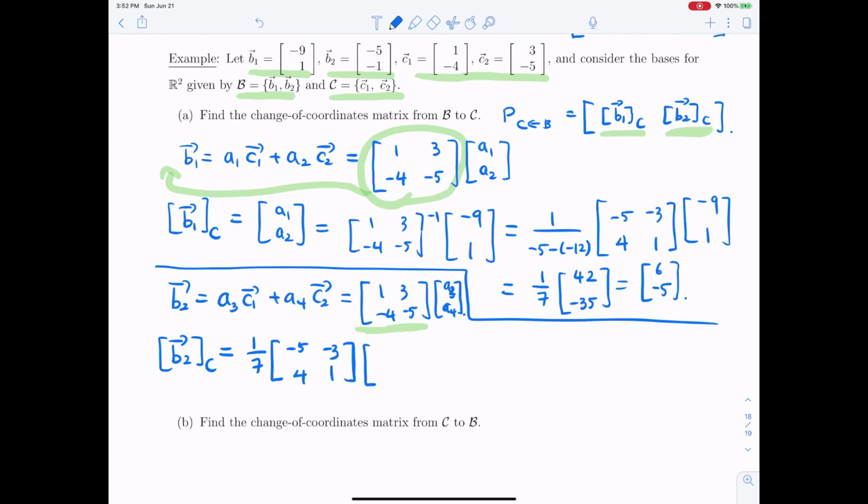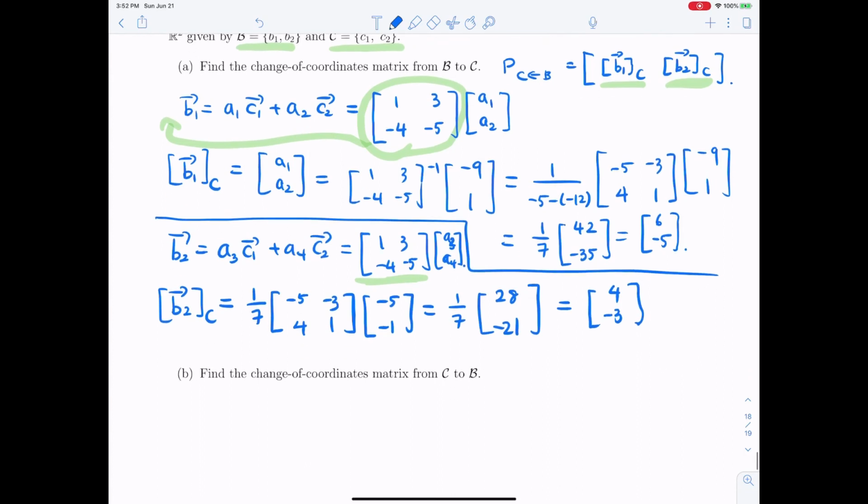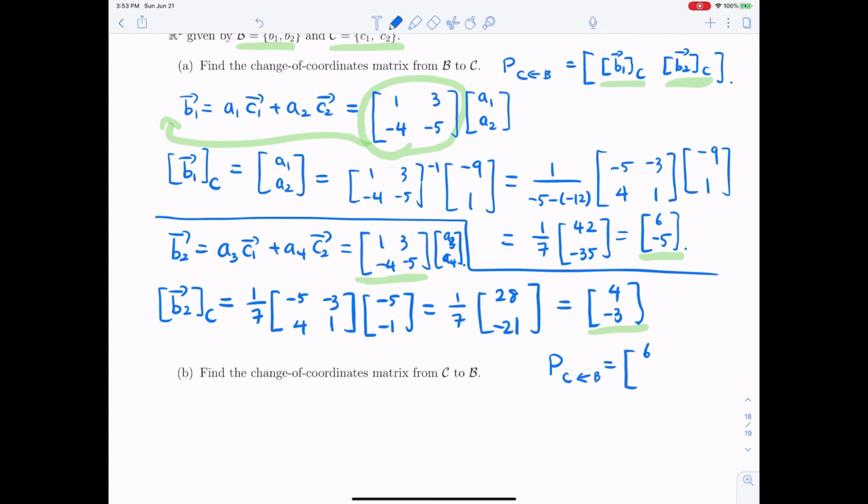And you multiply this by the vector B2, which is given by (-5, -1). And this equals 1/7 times (28, -21). And this equals (4, -3). So if you form a matrix using these two as the column vectors, then we get the change of coordinate matrix from B to C equals [6, 4; -5, -3].